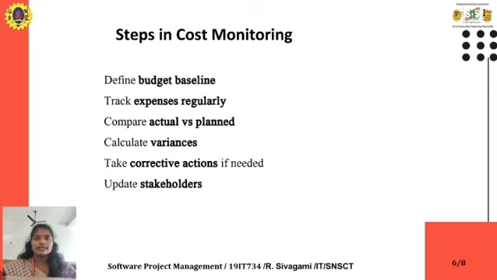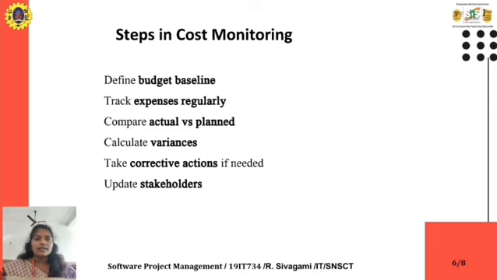Then track our expenses regularly, and compare the actual cost versus the planned cost. Then calculate the variation, how much we planned for that project and how much we spent. This is the variation of the cost.